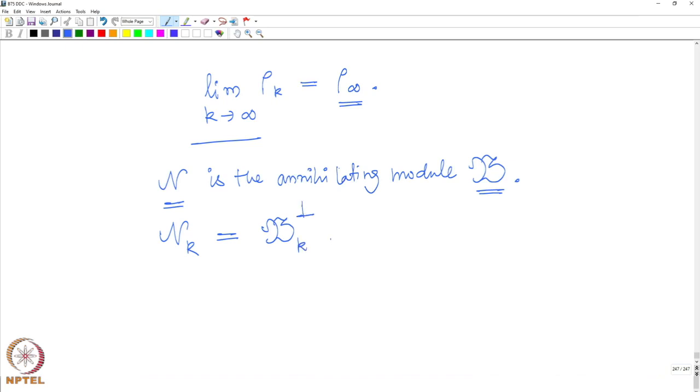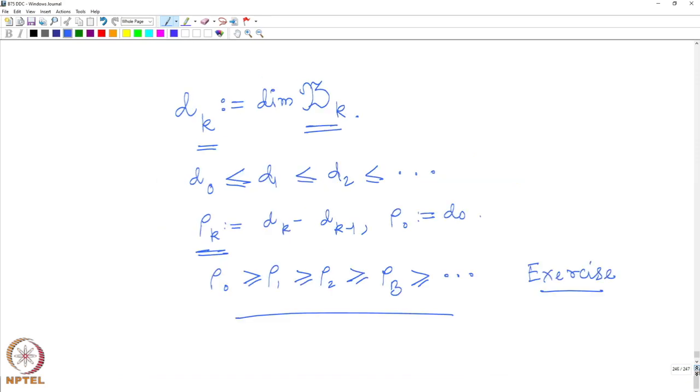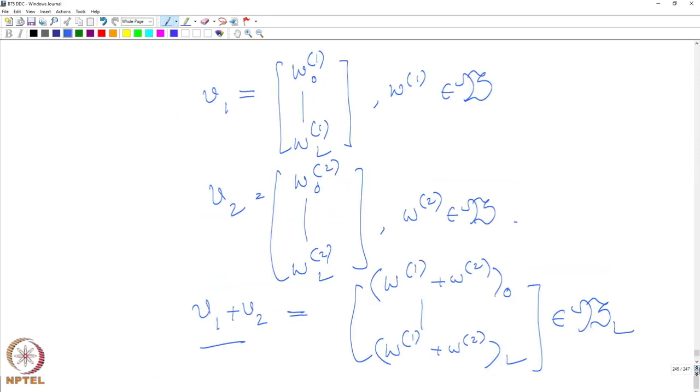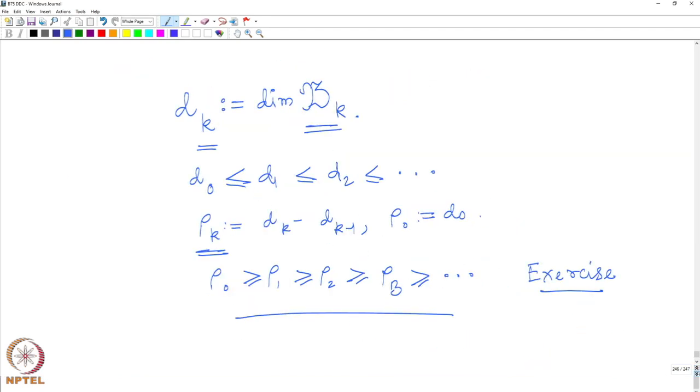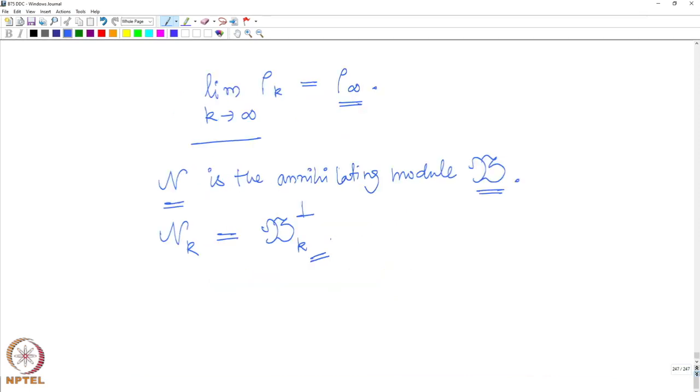Every annihilating polynomial of degree at most k is in fact in the orthogonal complement of these restricted behaviors. Look at their definitions again, look at their orthogonal complements. They are in fact identifiable with annihilating polynomials.